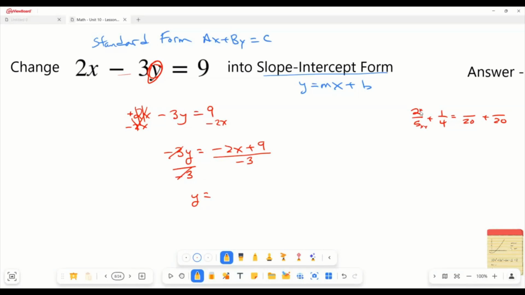Multiply by 4, multiply by 4, we get 8. Multiply 5, multiply by 5, we get 5. The denominators are the same, so the denominator in my answer is the same. 8 plus 5 is 13. Well, this 13 was the 8 plus 5.